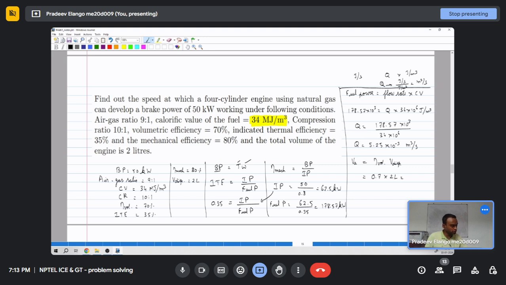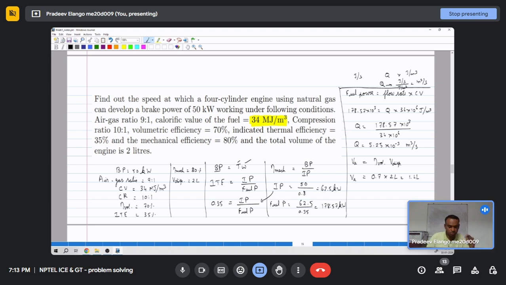So we will have 1.4 liters. So for every cycle of the engine, 1.4 liters of air and fuel can enter.